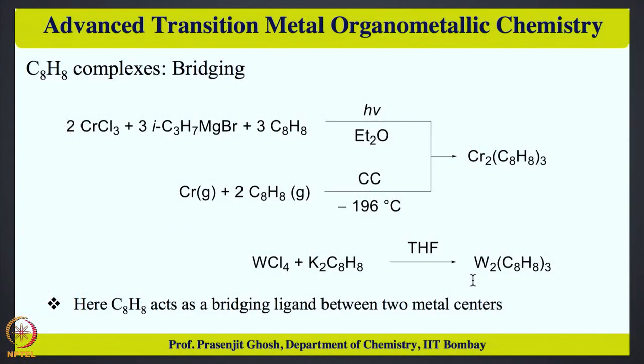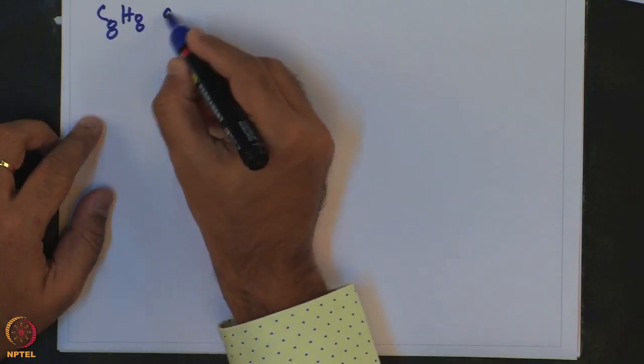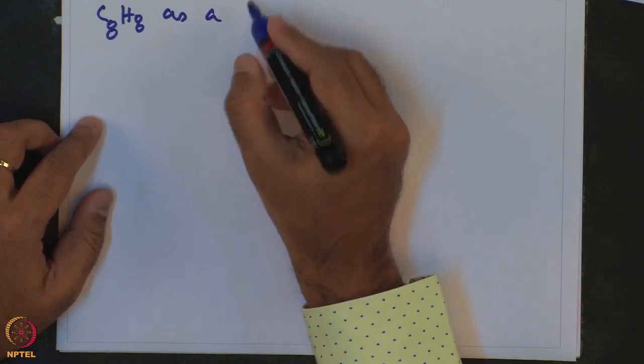Now, C8H8 can also act as a bridging ligand, and this is illustrated by the example shown over here. C8H8 as a bridging ligand.